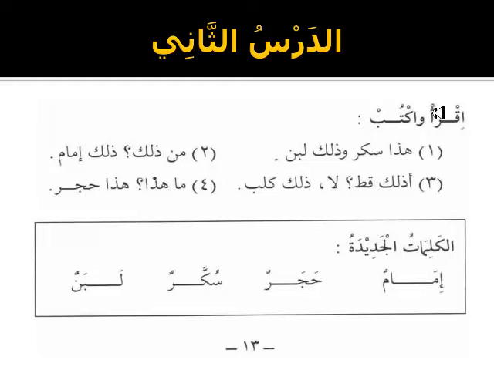Sukoon indicates jazm, and this indicates a command called amr. Like I said, I'm introducing some terms. Don't worry about them too much. If you want to write them down, you can. Right now I'm just trying to get you used to hearing some of the Arabic terminology to develop a vocabulary so that you will understand the grammar points better.